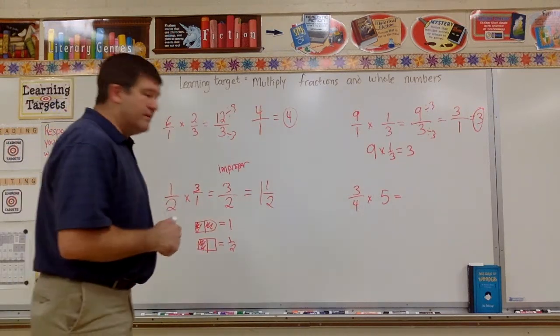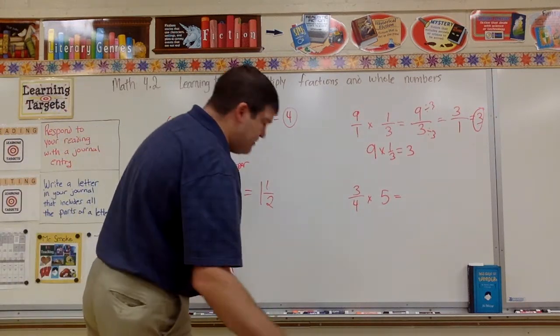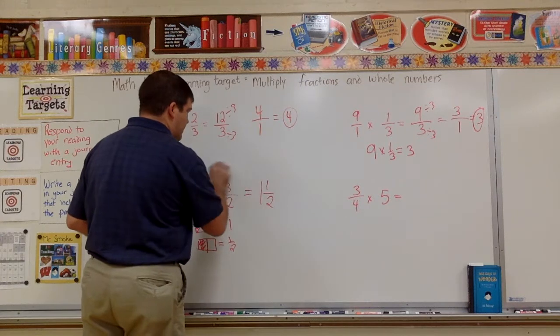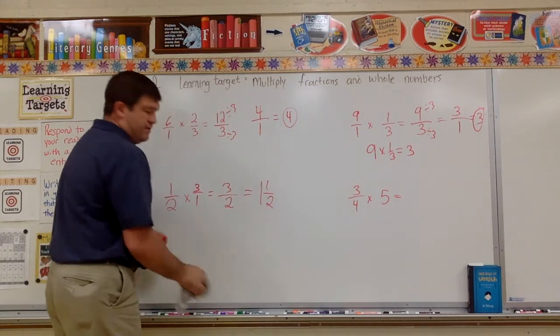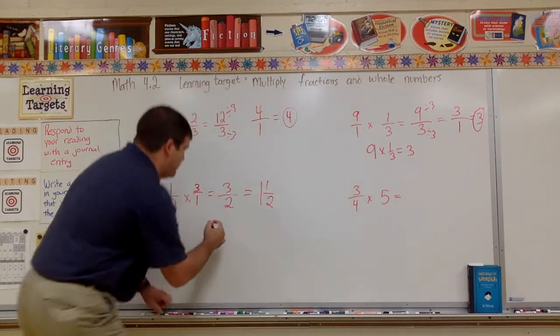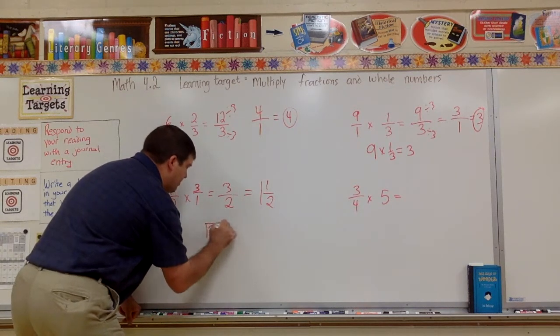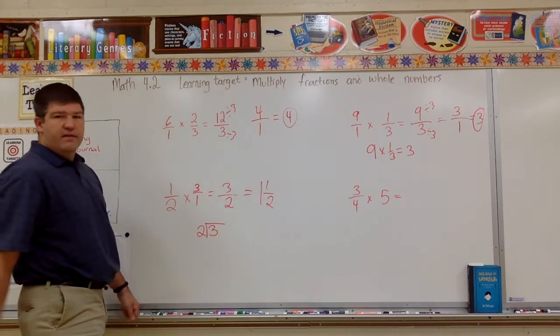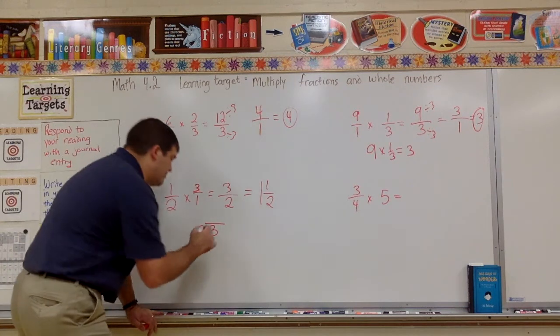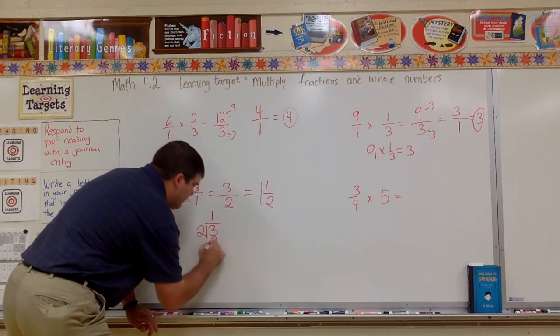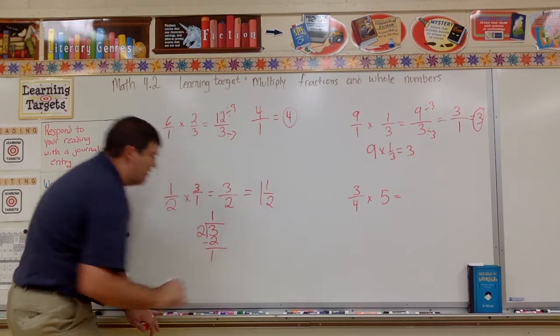The other way to do this, let me show you this thing too. 3 divided by 2. Okay? How many times does 2 go into 3? 1 time. 2. Subtracted out, I have 1.